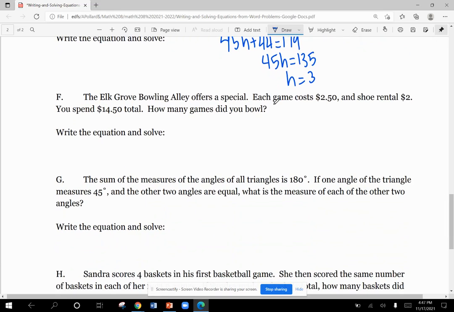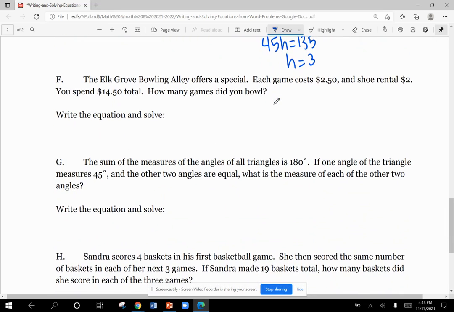Now the bowling alley offers a special. Each game costs $2.50. So we see the word each, so that's our rate. The shoe rental's $2 and the total is $14.50. So that leaves this as our constant. And that's our total. How many games did you bowl? So we have G as our games. We're trying to find how many games.